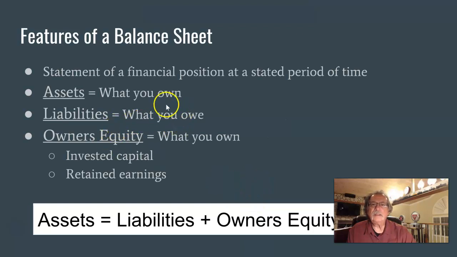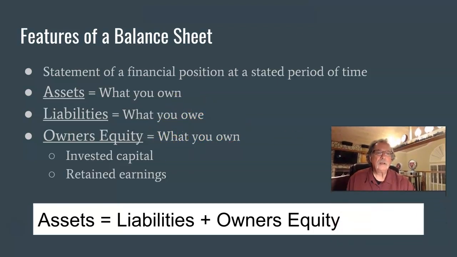So basically, the assets are what you own, the liabilities are what you owe, and the owner's equity is what's left over. So the assets are what is owned by the company, liabilities is what the company owes, the owner's equity is what the owners really have.